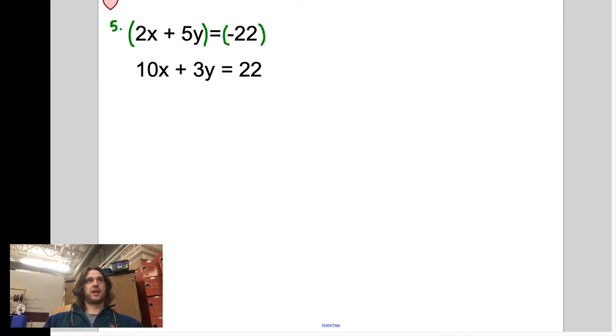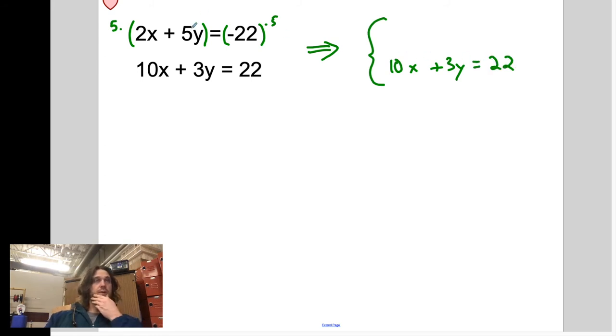Now the reason I selected 5 is because we're going to rewrite our system, including the one that doesn't change. So this bottom one does not change at all. I want you to rewrite that as well. Okay, so up here in the top, we're distributing 5 to both of those terms, like so.